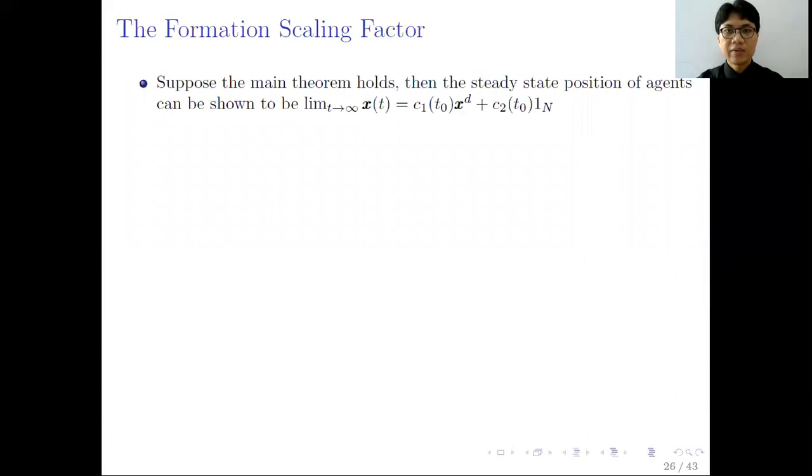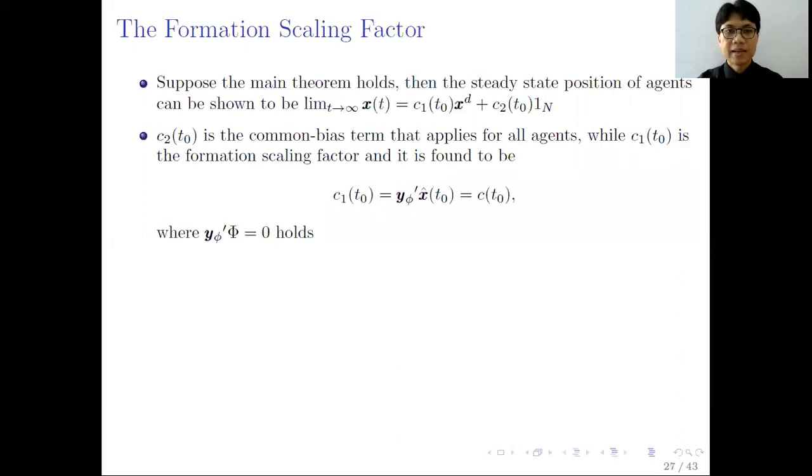The formation scaling factor can be defined as follows. So from the main theorem, we know that the limit as t goes to infinity of x(t) is c1(t0) times xd plus c2(t0) times 1n. 1n is a vector of all 1.